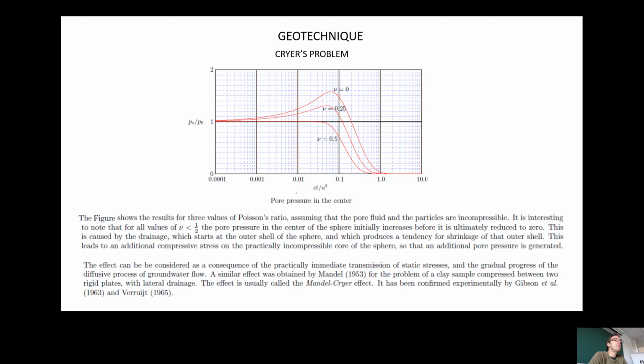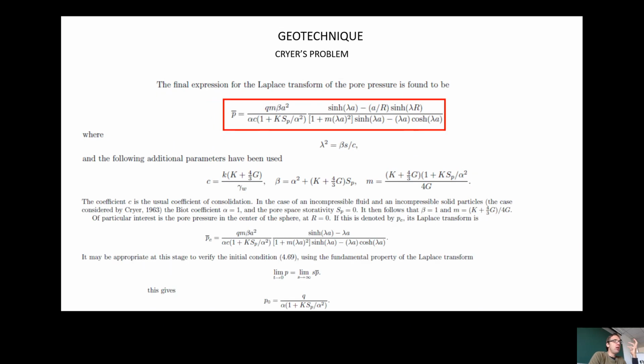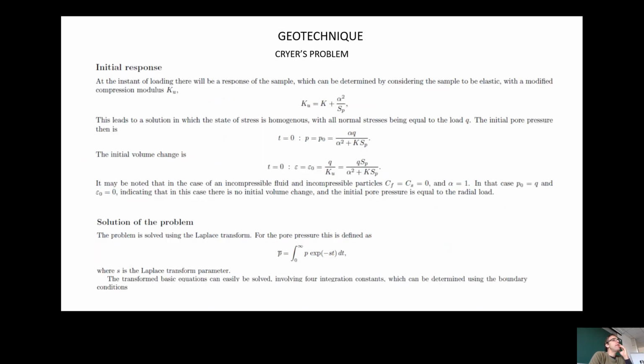It has been confirmed experimentally by Gibson and al. in 1963 and even later by Verruijt. So this is definitely what I'm more interested in, except for all the analytical background.